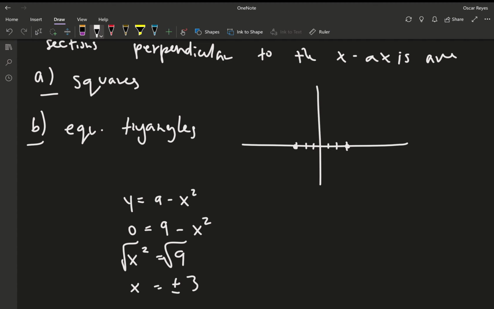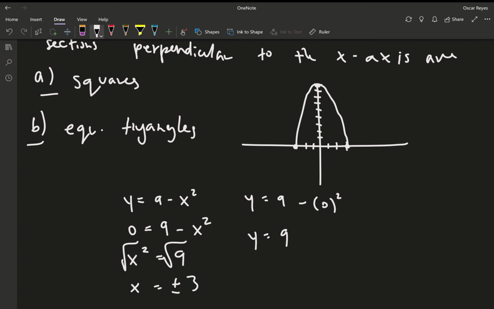Now let's see where it intersects our y-axis. If we set our x to be equal to 0, what do we get? Well, we just get y equal to 9. So our parabola is going to look something like this.